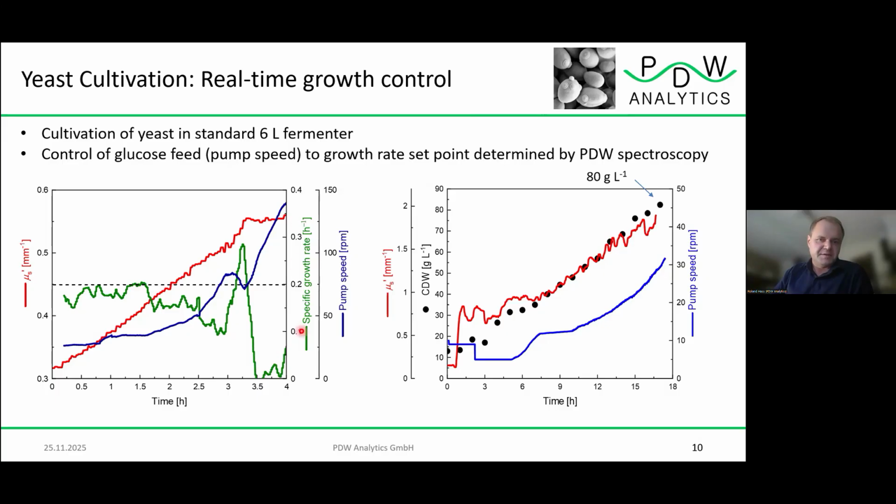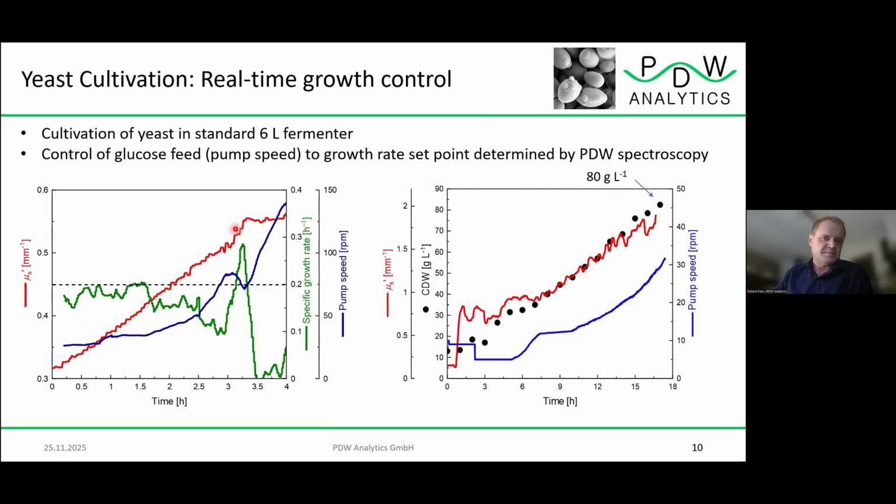If you have the specific growth rate inline in real time, you can set up a controller so that this growth rate is kept constant, with the pump speed of the glucose feed adjusted continuously. The pump speed is nonlinear, to achieve a set point for the growth rate.